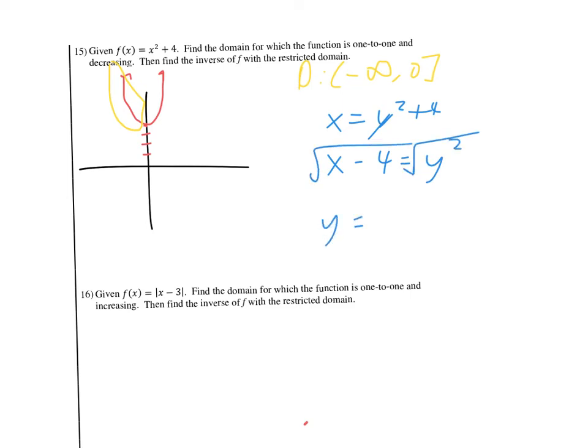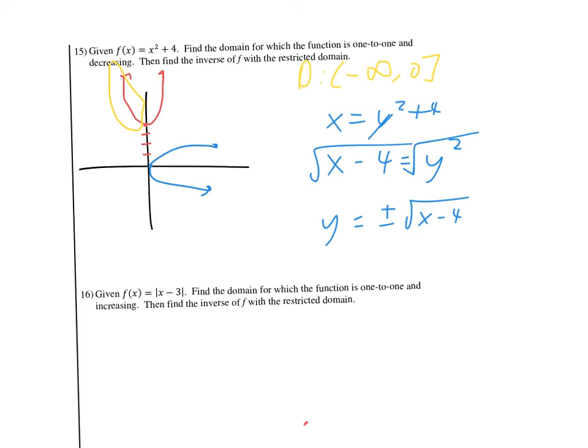Technically, when we create that square root, we should say y equals plus or minus radical x minus 4. So that kind of gives us here radical x minus 4, we know, would look like this, and then negative radical x minus 4 would look like that.